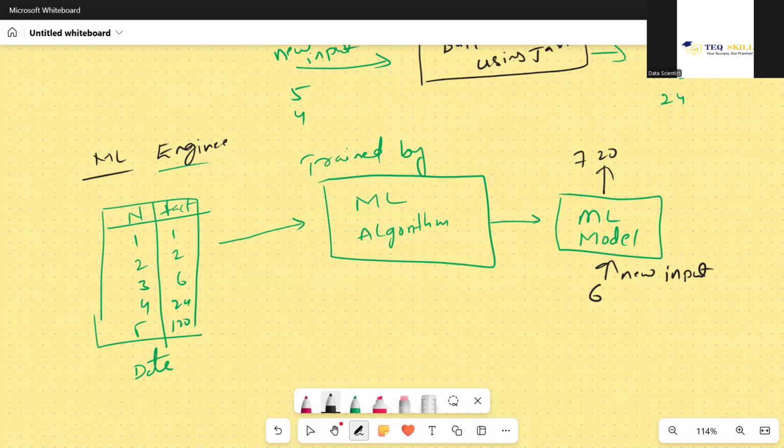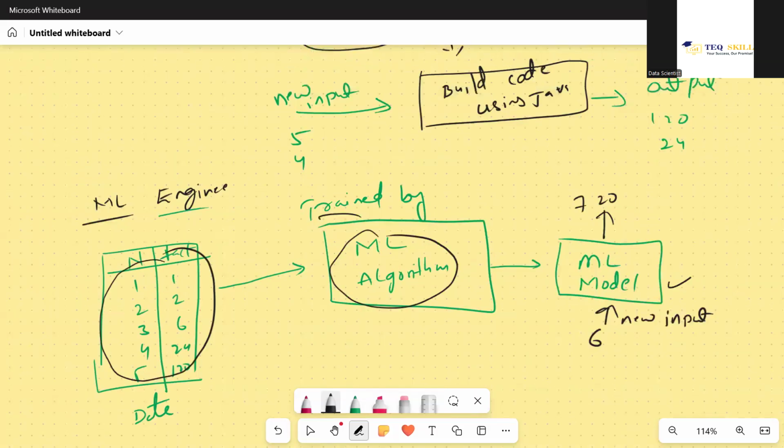No, you did not build any logic. We used an existing machine learning algorithm and some historical data, and that's how you trained your model. Once the model is finalized, you can start giving new inputs, and it generates the output with the help of ML algorithms or ML models.